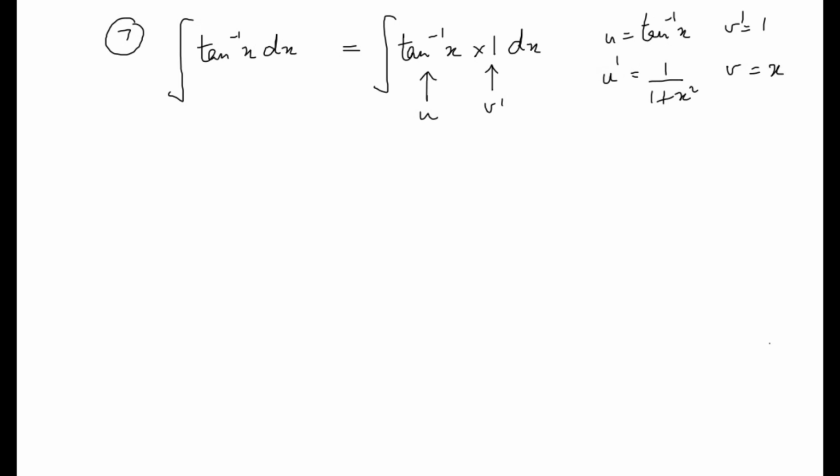The formula for integration by parts is uv minus integral of v u dash dx. So u into v is going to be x tan inverse x minus integral of x over 1 plus x squared dx.